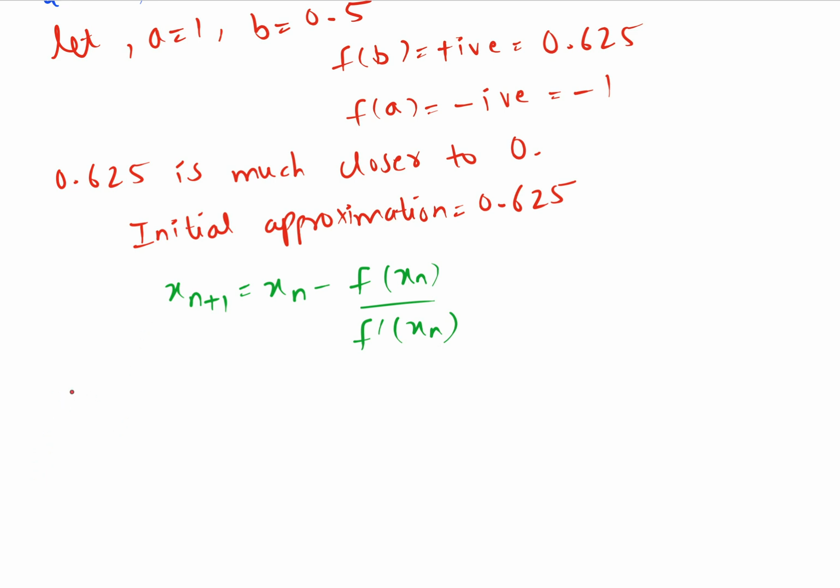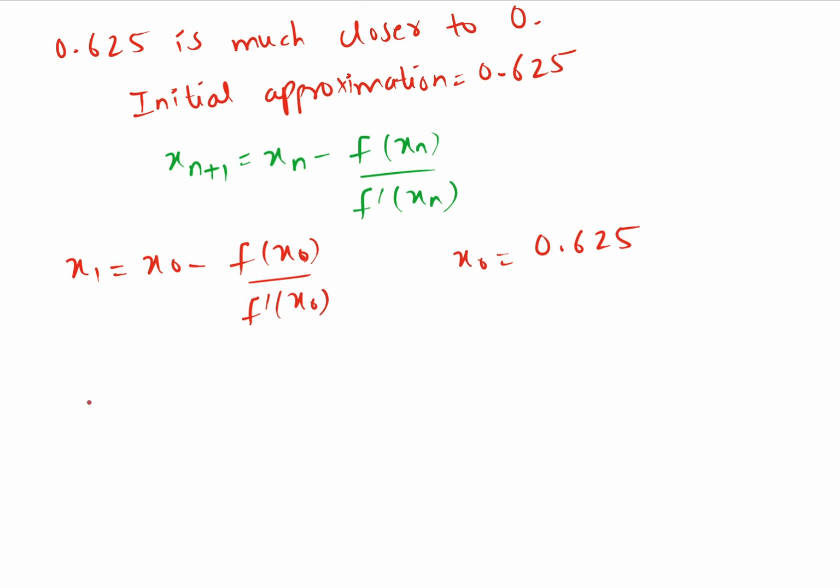Let's find x1 equals x0 minus f(x0) upon f dash of x0, and x0 is 0.625.